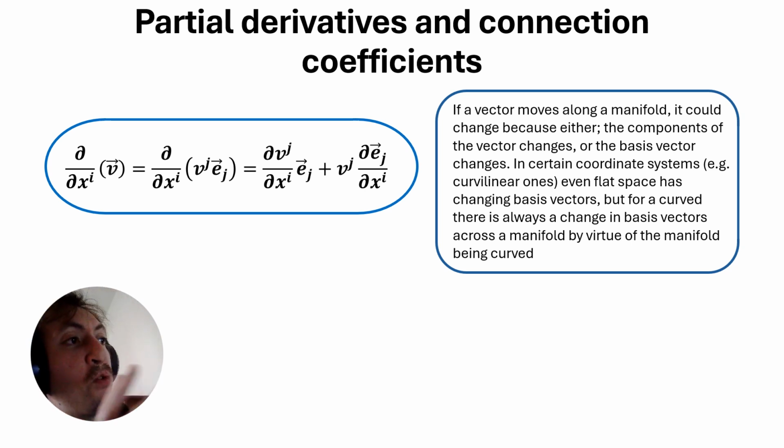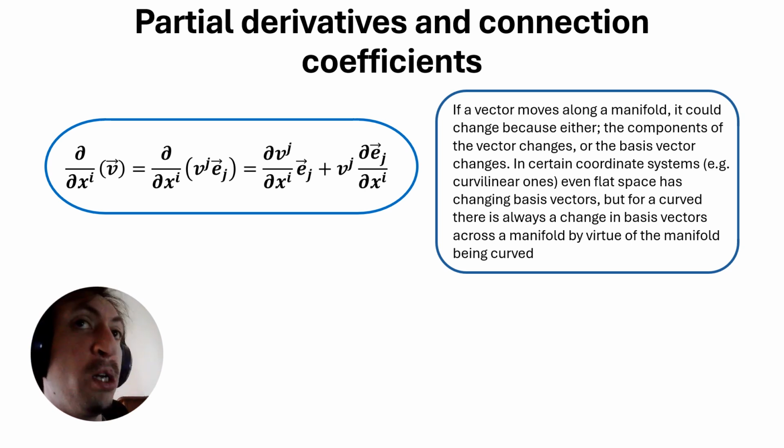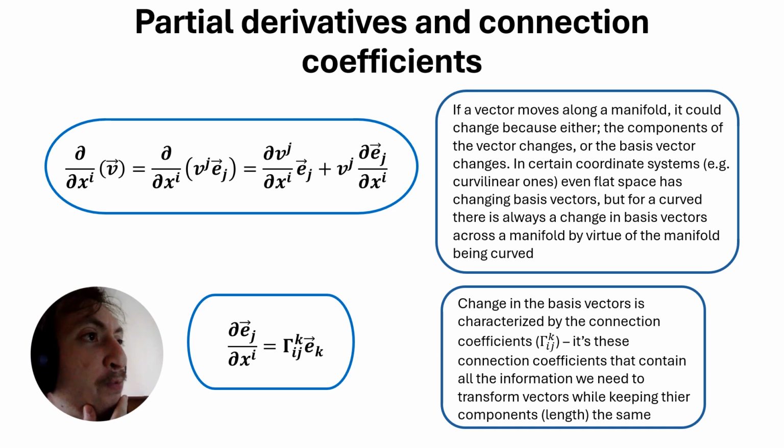But as we said, for curvature, the key thing we're really interested in is how the tangent plane to the manifold changes direction, or equivalently how the basis vectors of that tangent plane change direction. So curvature we would expect to be encapsulated in the rate of change of a basis vector along a particular spatial axis.